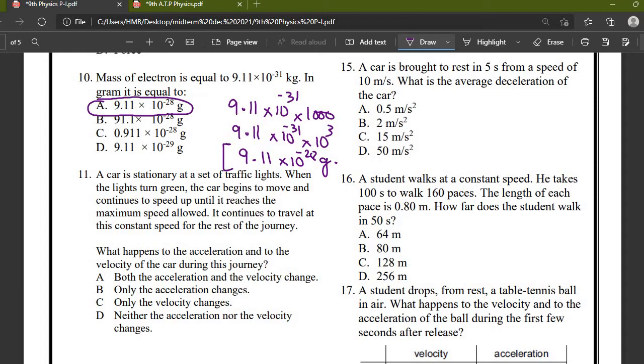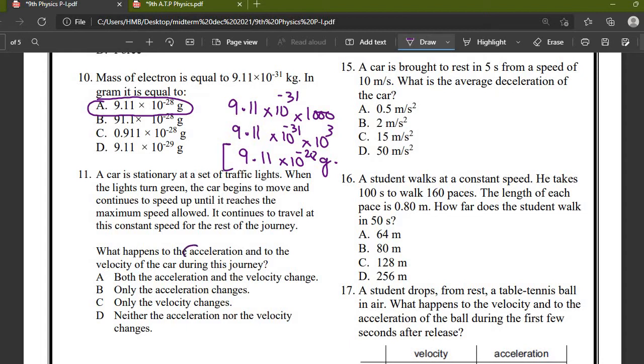A car is stationary at a set of traffic lights. When the light turns green, the car begins to move and continues to speed up until it reaches the maximum speed allowed. It continues to travel at this constant speed for the rest of the journey. So initially the car was stationary, then it accelerates, and at a particular velocity, its velocity becomes constant.